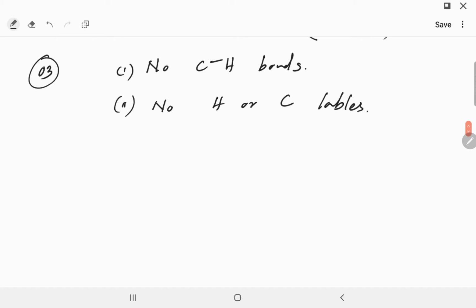If you have any other atoms like oxygen or nitrogen, the secondary atoms that we discussed earlier, then you can write those labels. But the only labels that you don't write are carbon hydrogen labels. In an organic molecule, we tend not to show any carbon hydrogen labels.